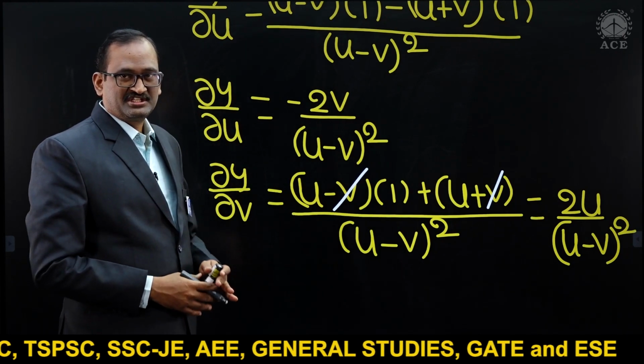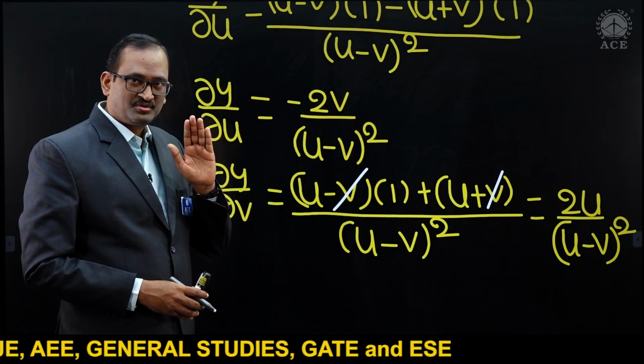Now let us find the Jacobian of x, y with respect to u, v.